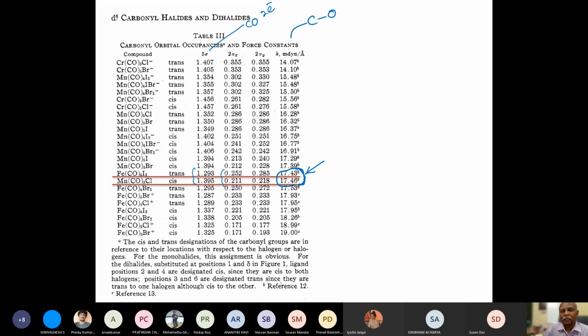This is what they discovered from the study of the stretching frequency. So this nicely explains that the sigma donation is in fact sufficient to increase the stretching frequency, so it must be antibonding in character. That was their conclusion.